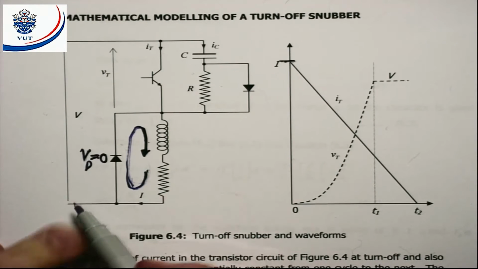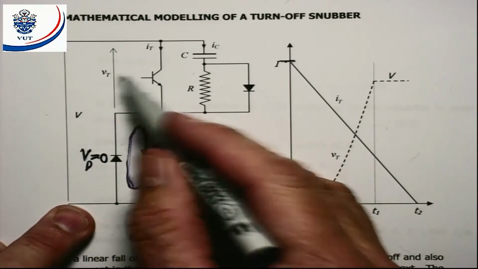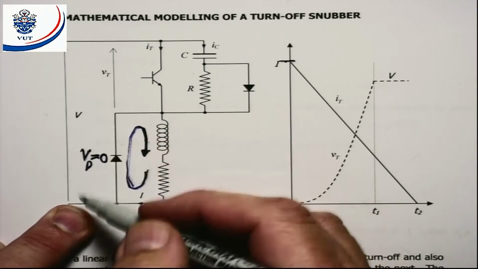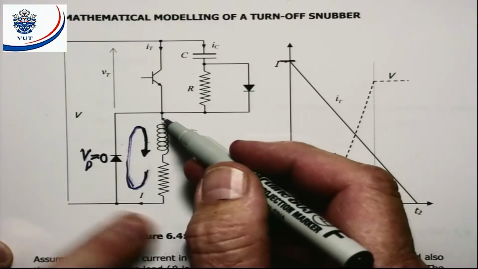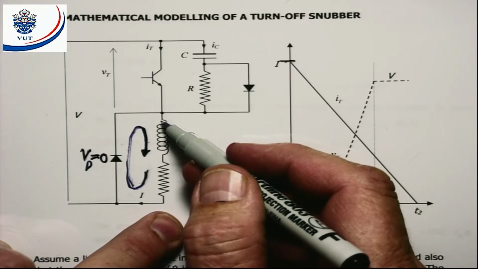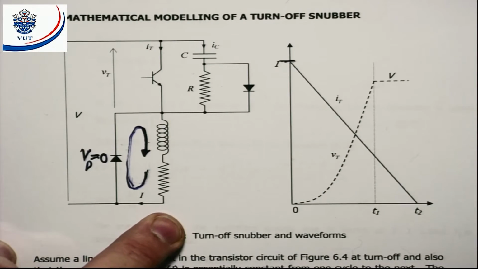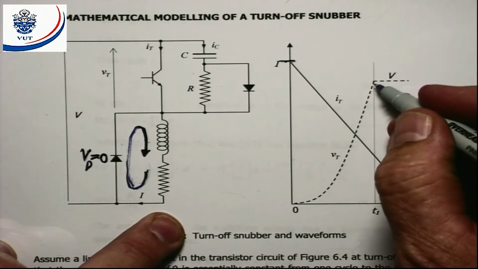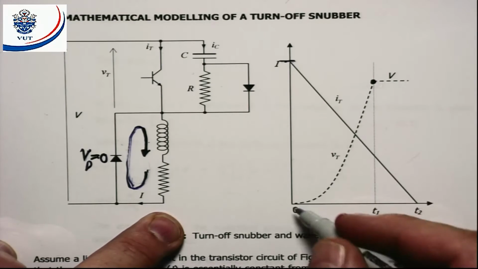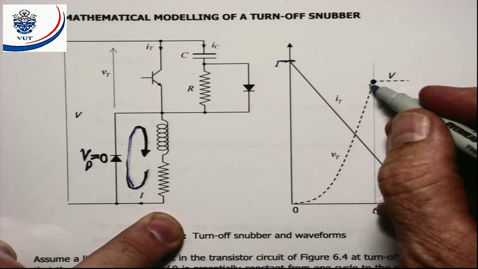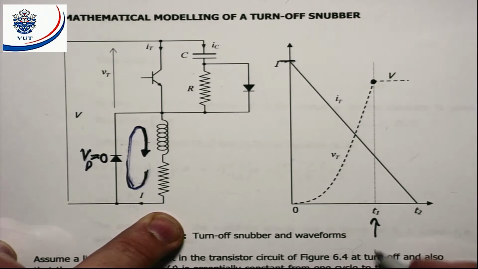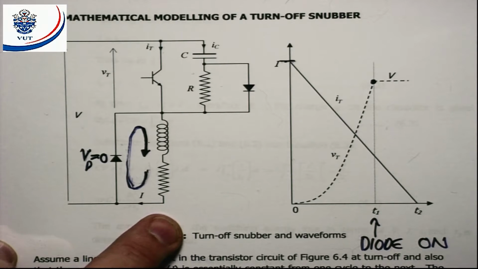It will happen when Vt is equal to V, because then we will have V minus V gives us 0. When does this happen? It happens at that point there. There Vt is equal to V. So the diode will switch on at T1.